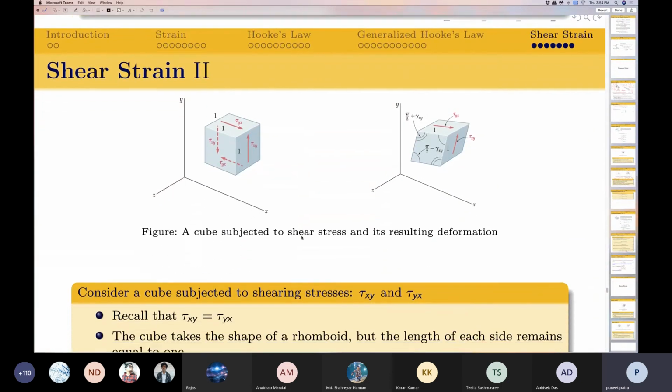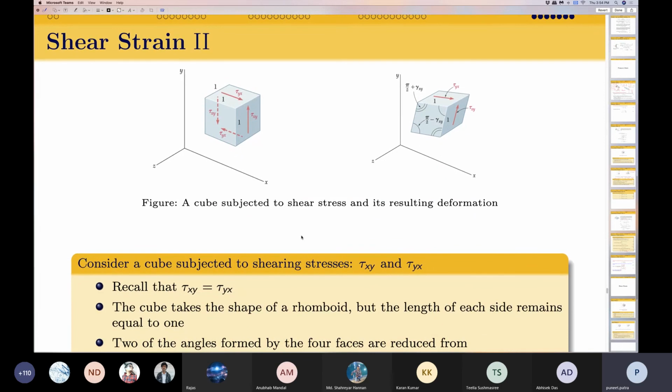Now, just like you have normal strains which correspond to normal stresses, we have shear strains which correspond to shear stresses. The simplest way of visualizing what a shear strain is, is to take a cube and apply the stresses tau xy and tau yx as indicated in the figure.